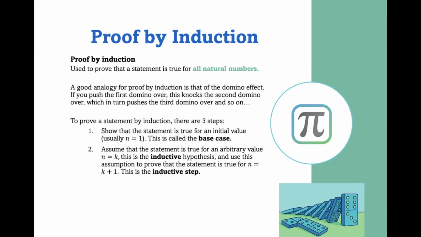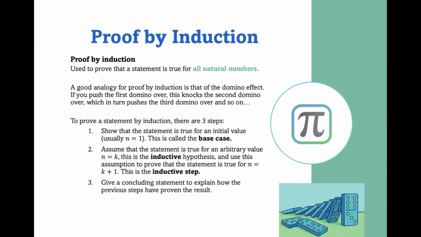And then you assume that the statement is true for an arbitrary value n equal to k, and we call this the inductive hypothesis. Then we use the assumption to prove that the statement is also true for n equal to k plus 1, and this is referred to as the inductive step. Then we give a concluding statement to explain how the previous steps have proven the result.